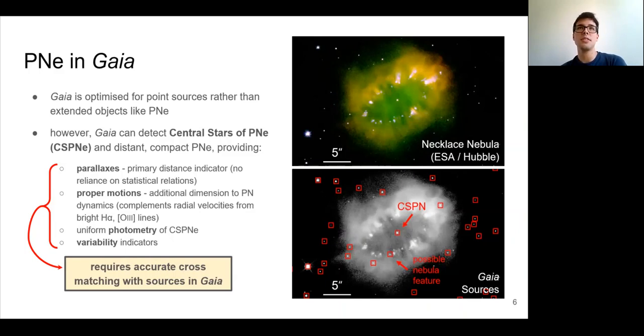It also provides uniform photometry of central stars and variability indicators. And taking advantage of all of this requires being able to accurately match sources in Gaia with the central stars of planetary nebulae.